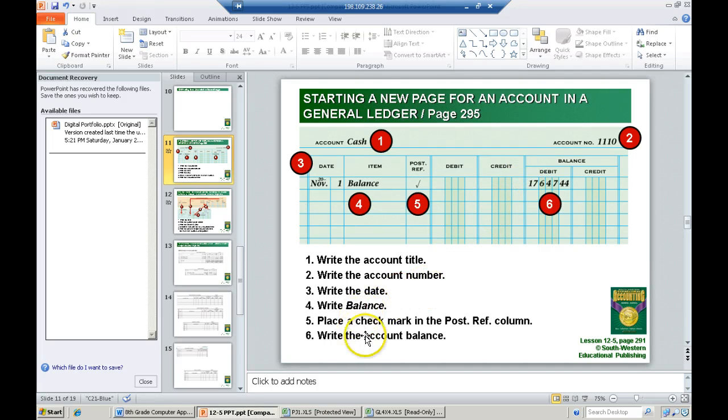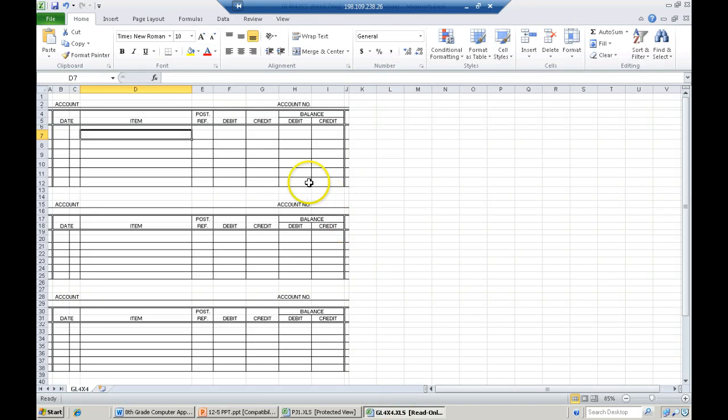So here's what I want you to do. I want you to open up or download the general ledger accounts. And the first thing I'm going to put is account name. I am going to put here supplies office. My account number is going to be 1145.